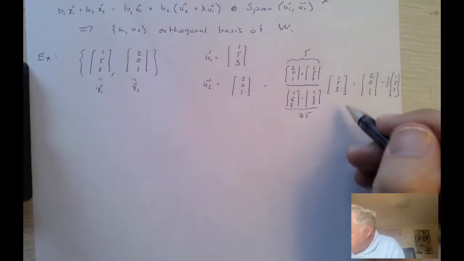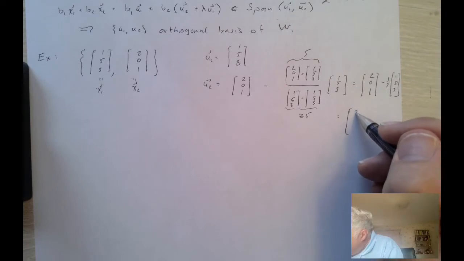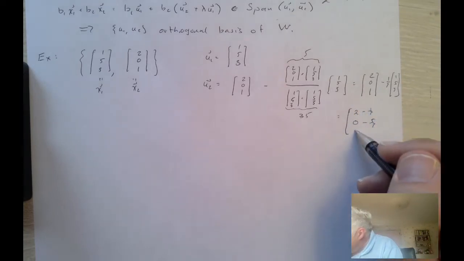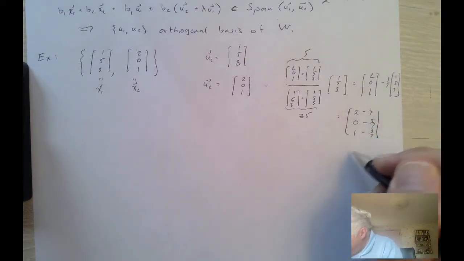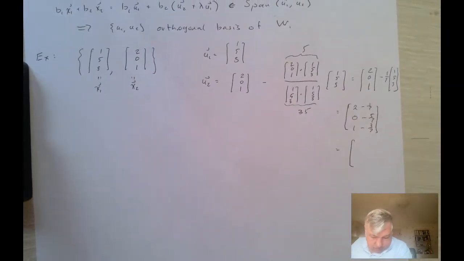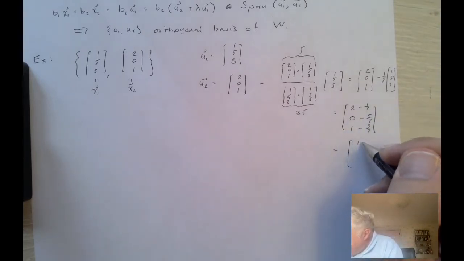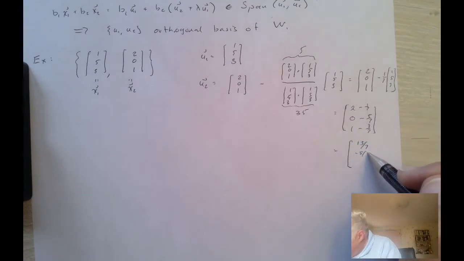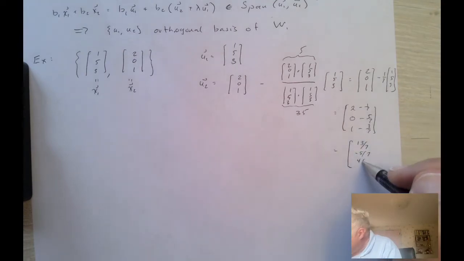Okay, and if we do some arithmetic here, this is 2 minus 1/7, 0 minus 5/7, and 1 minus 3/7. So this is 14/7 minus 1, so that will be 13/7, negative 5/7, and 4/7, because it's 7/7 minus 3 is 4/7.